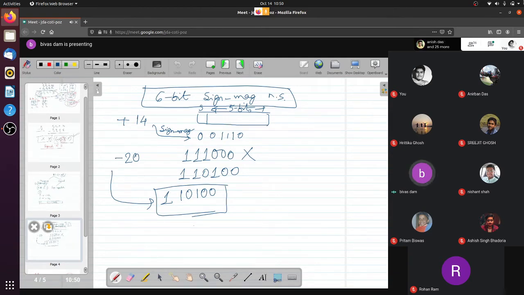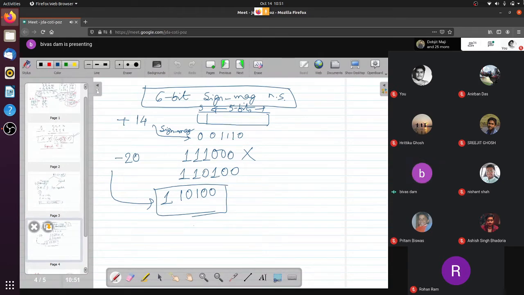Now let us find out. We have already devised one type of signed number system representation, that is the signed magnitude representation. Let us find out whether it is a viable candidate for my requirement. What is my requirement? I need to perform subtraction operation using the addition scheme.